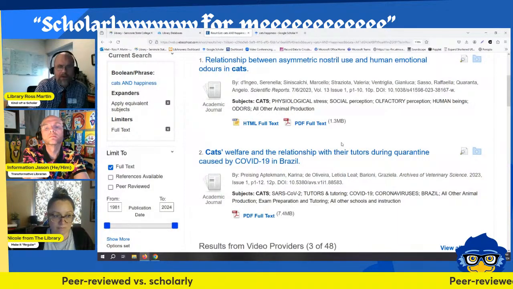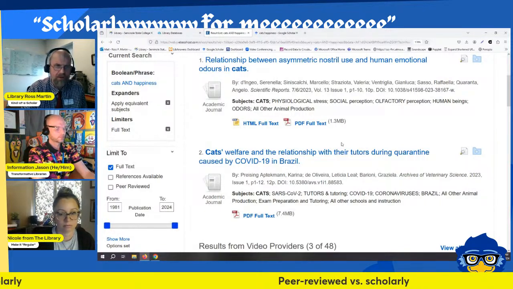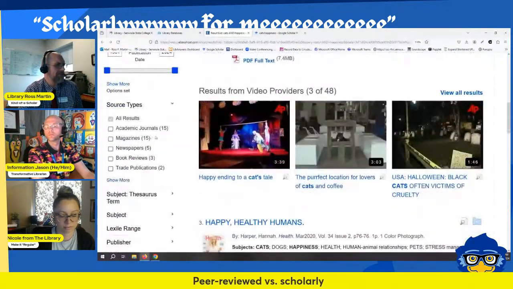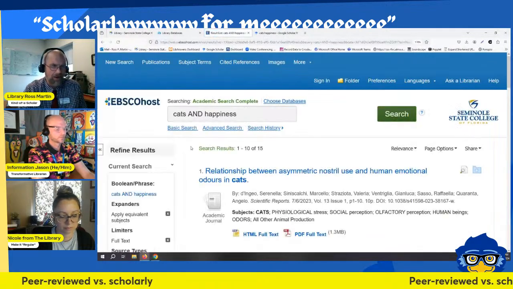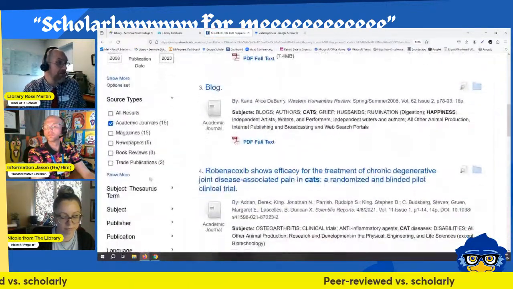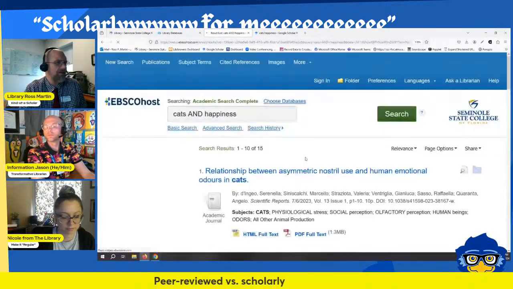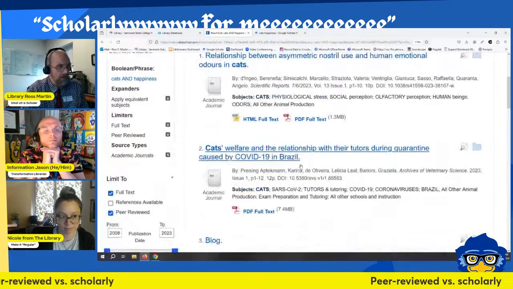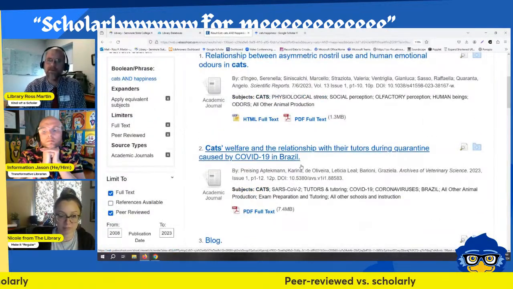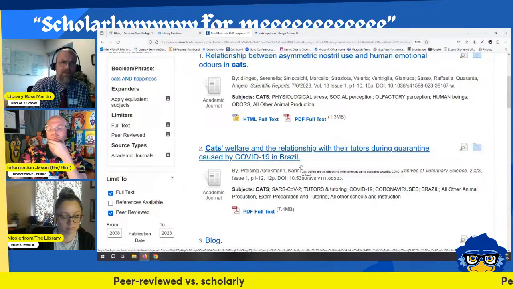I would say most every academic journal that you find nowadays goes through some level of peer review. And even here, if I was to sort this out, I can see there's 15 journal articles. We could even see, are any of them not peer-reviewed? The answer is no. All of them in my search are peer-reviewed academic journal articles. That makes me feel really good about them being scholarly information.